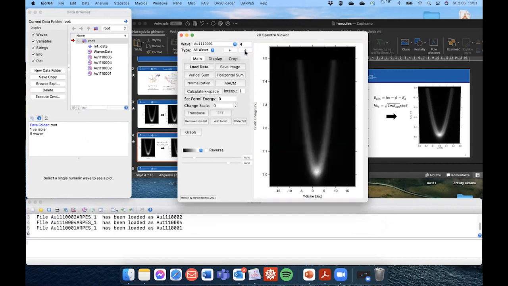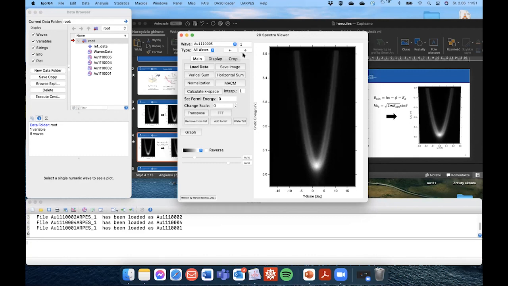And we have 4 different scans here. It is a surface state on the gold single crystal. The surface is 111, and it is this famous Rashba splitting visible in here. These scans were measured for different energies and at different quality of the surface.